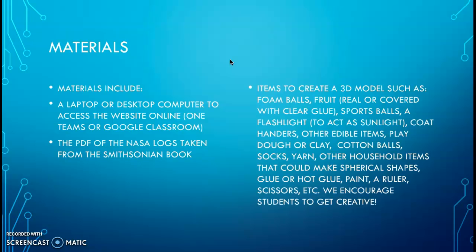If it was real fruit, we would obviously want it covered in clear glue to keep ants away. Coat hangers, edible items also covered in glue. Other household items, anything that's spherical. Obviously, they would need to bring glue or hot glue, paint, a ruler, scissors, etc.